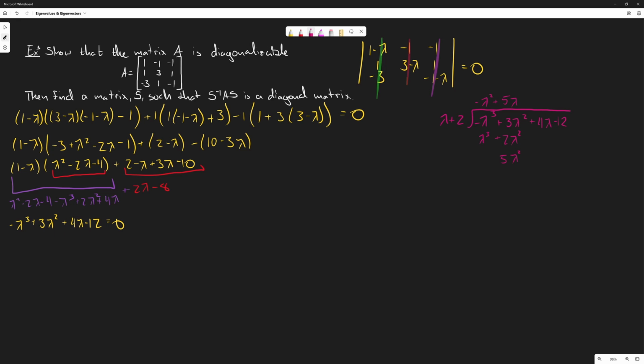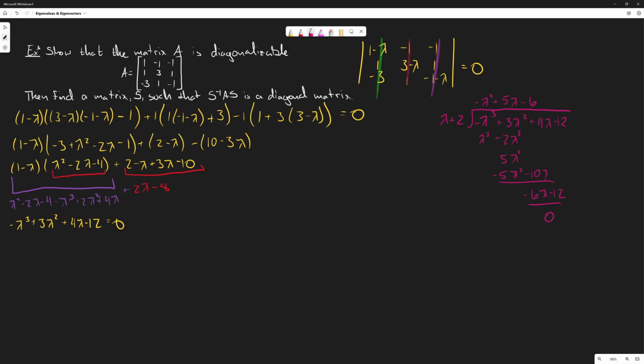Okay, plus 5 lambda, and then those two cancel out. So we're left with negative 5 lambda squared plus 10, not plus, minus 10 lambda, and this will give us negative 6 lambda minus 12, and that will give us minus 6, and this will just go to 0.